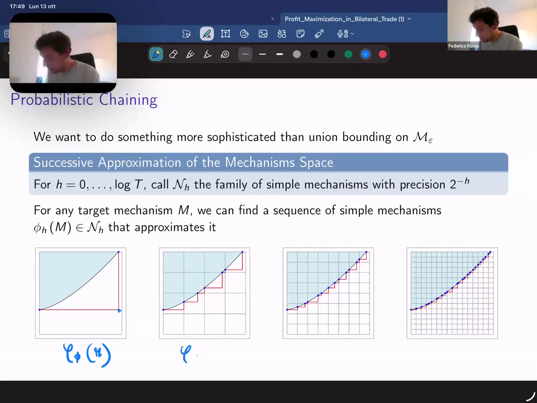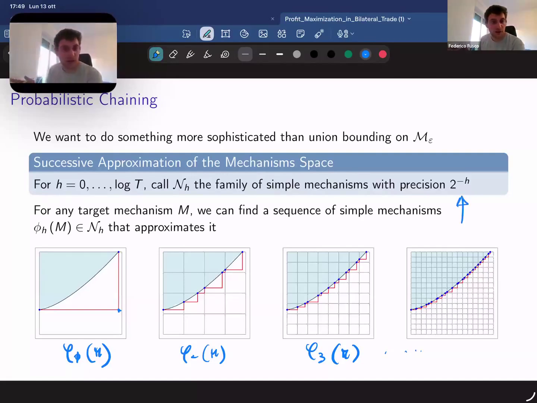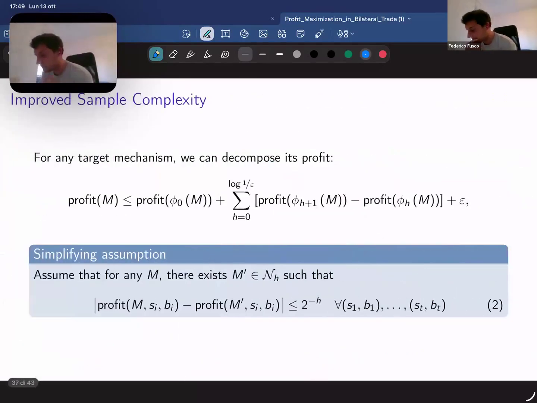Then you can have phi2 of M, this I think was phi3 of M, and so on and so forth. So phi h of M is just the approximation of the mechanism when the underlying precision parameter epsilon is 2 to the minus h. So you see this plot shows you how you can get from a fixed price mechanism to something super adherent to the actual boundary of the mechanism. Okay, so this will be the chain that we're doing the union bound over.